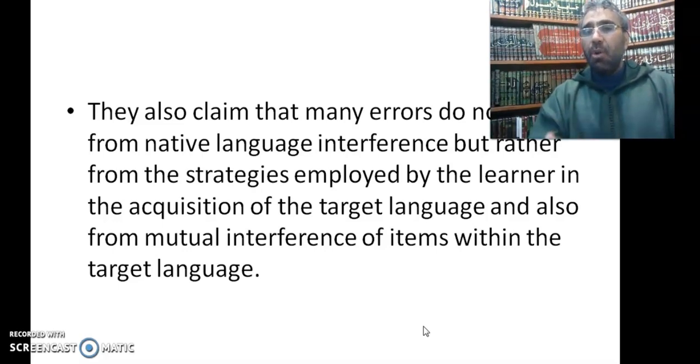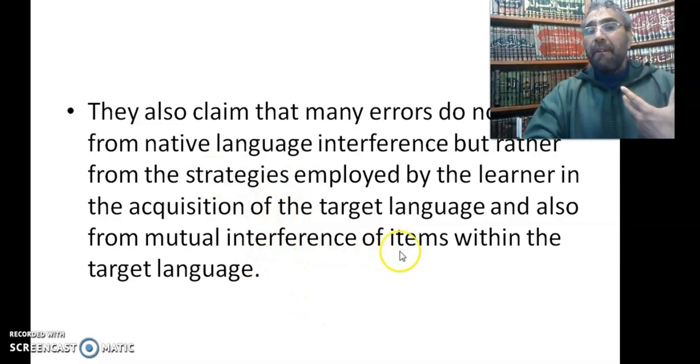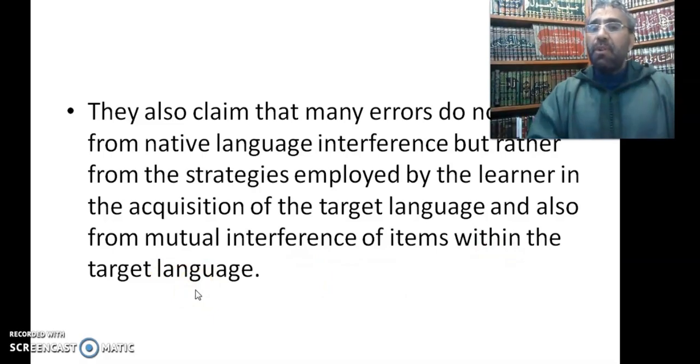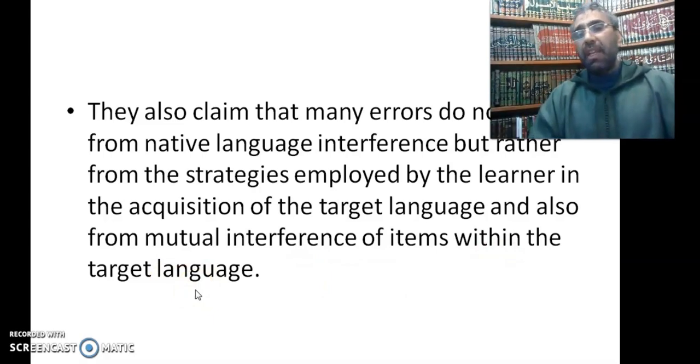This sentence, yesterday I goed instead of I went, happens to be not correct, but it's not because of interference from the mother tongue, but because of strategies I'm using as a learner of English, and because of interference of items within the target language. Here, because of English itself, I'm overgeneralizing the rule of ed.